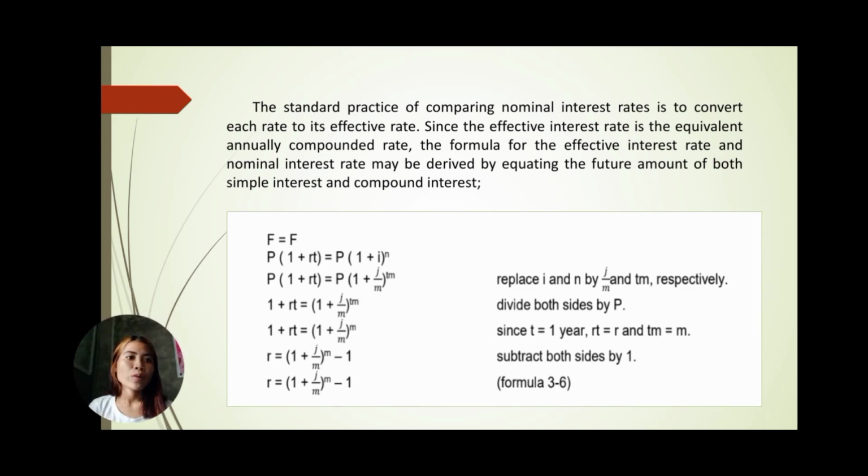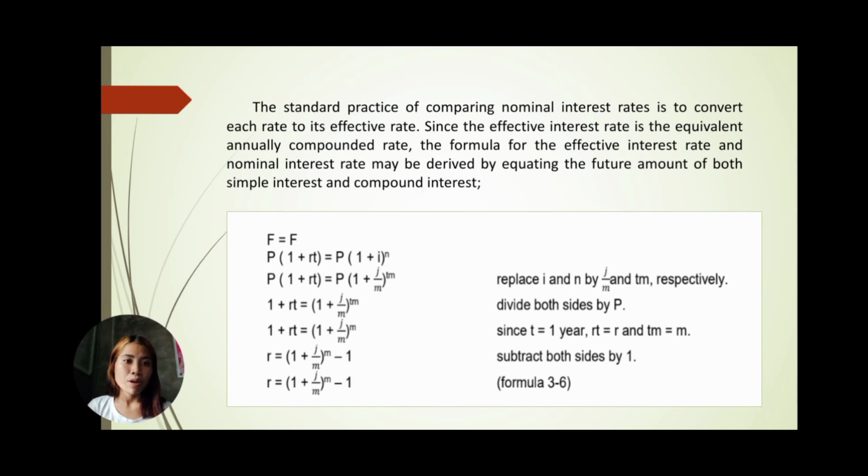Hence, the future amount of both simple interest and compound interest are denoted by the capital letter F. Therefore, the formula for the future amount of simple interest is the principal multiplied by the quantity of 1 plus RT, and the formula for the future amount of compound interest is the principal multiplied by the quantity of 1 plus i, which is the periodic interest rate, raised to the power of n, which is the number of periods.